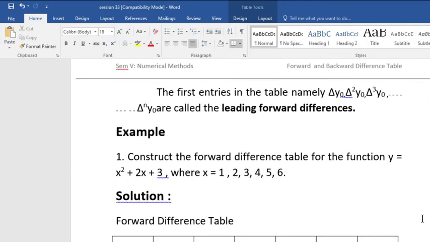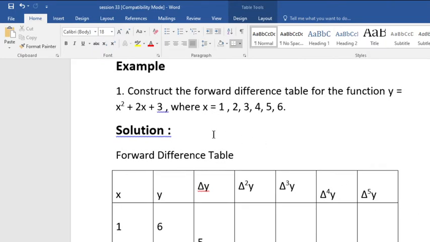Here we shall have one example for the construction of a forward difference table. Construct the forward difference table for the function y is equal to x square plus 2x plus 3, where x is equal to 1, 2, 3, 4, 5 and 6.